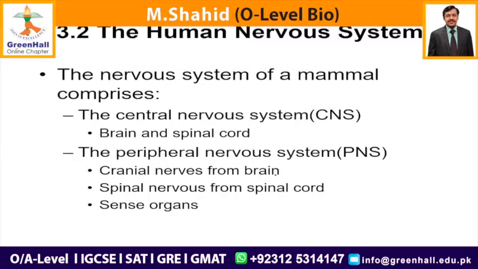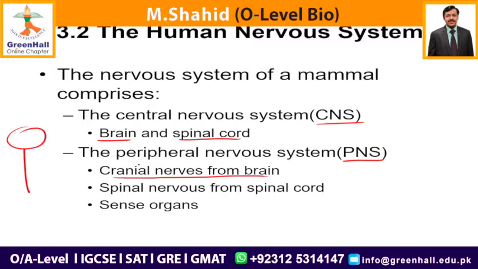Now, we can divide our nervous system into central nervous system and peripheral nervous system. This central nervous system, which forms the main axis of our body, as you can see here, makes up the brain and the spinal cord. So brain and spinal cord together make the central nervous system, whereas the peripheral nervous system consists of the cranial nerves from the brain.